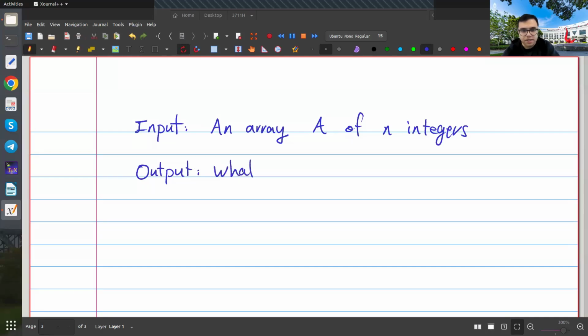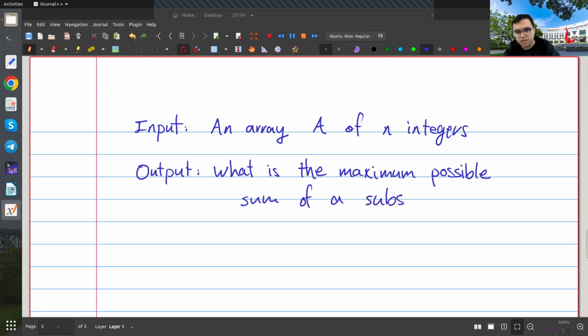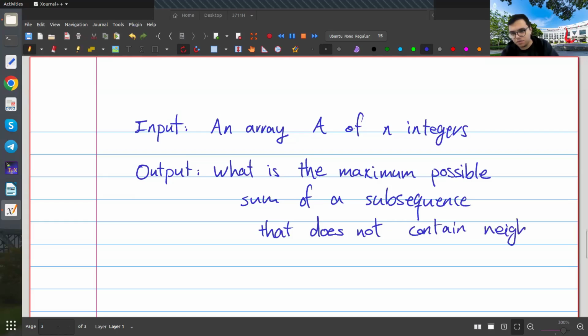What is the maximum possible sum of a subsequence that does not contain neighboring elements? Okay, and I can have negative or positive numbers.